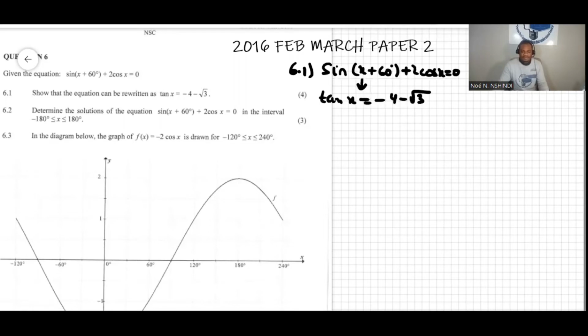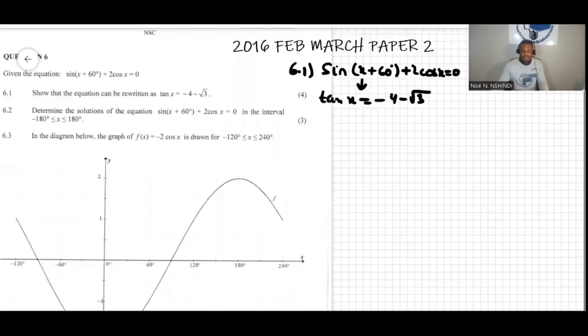Over here, we notice that we have a compound angle, because we have x plus 60 degrees, two angles added together.